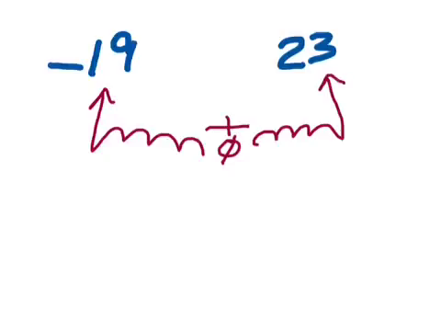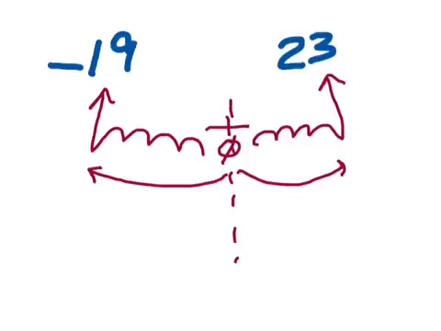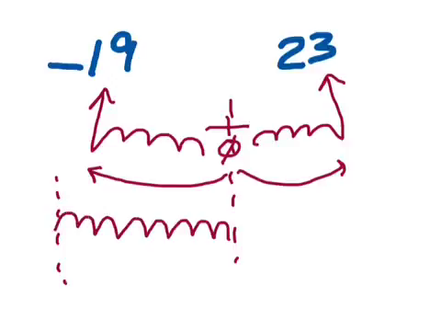Now you'll notice whether you're walking in a negative direction or a positive direction, you still count the number of steps the same way. If you're standing on 0 on this number line and you walk to negative 19, you count how many steps it takes, and you will find that it takes 19 absolute steps to get to negative 19 from 0.